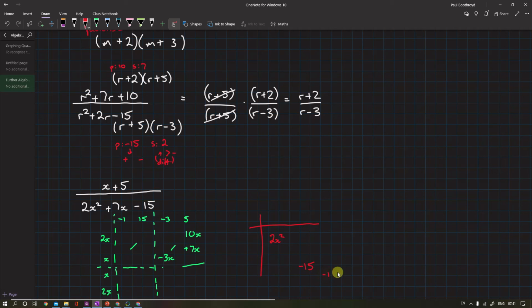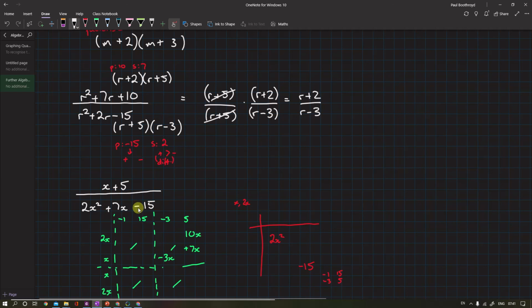We've got minus 1 and 15, we've got minus 3 and 5, and you can do the same swaps and tricks, and then you've got x and 2x, and then they try pairs to see what will actually give me my 7x. It is the same as this, but they're not listing everything quite as freely, so you can see everything going on, which is where my problem comes with it.